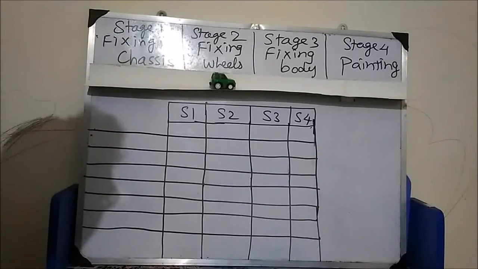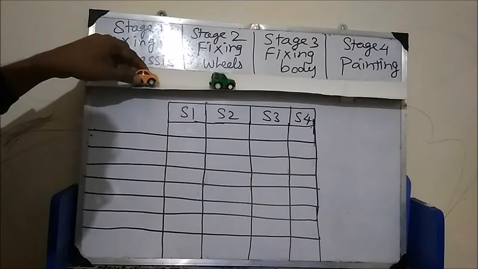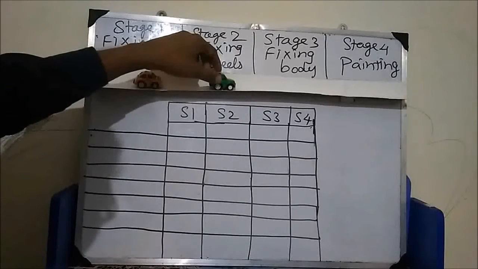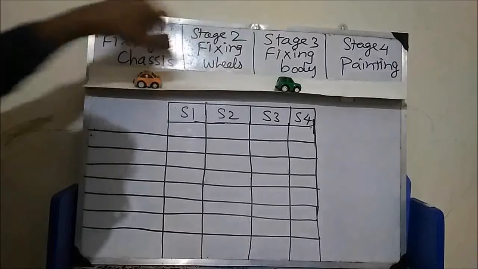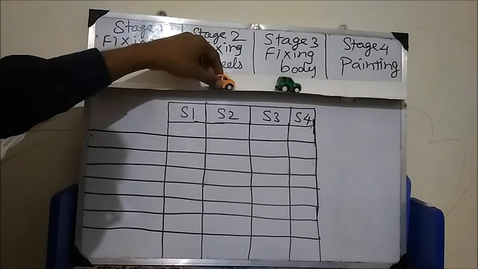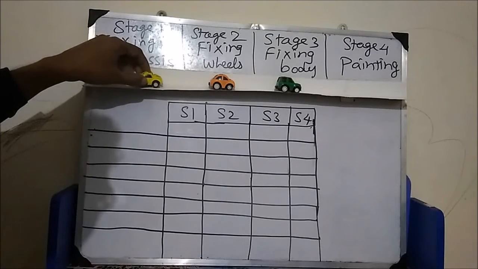So to make effective use of all the stages, what they are going to do is send a new car into stage 1. When the first car moves to stage 3, then the second car moves to stage 2, then a new car enters stage 1.